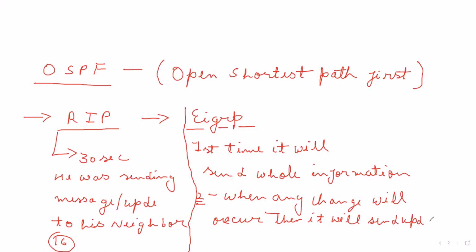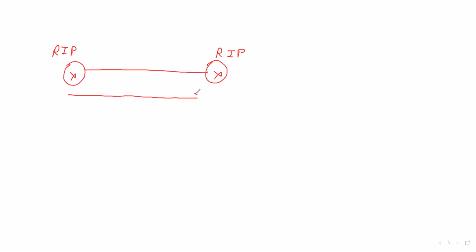So let me draw what I am talking about, because it's theory and you will not understand. See, if I have two routers and I am using RIP on both routers, what will happen? Every 30 seconds they will update each other.